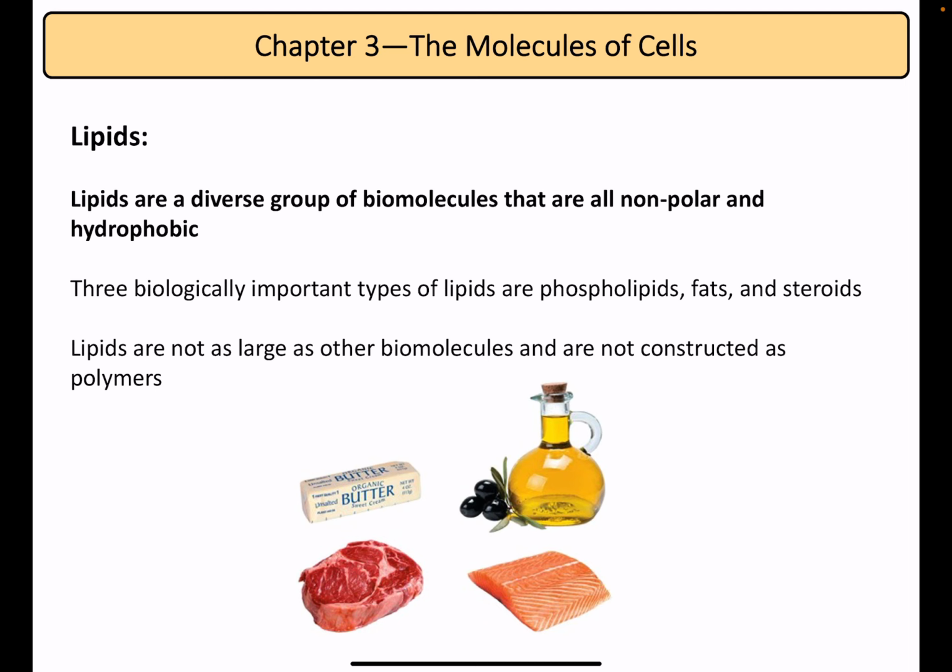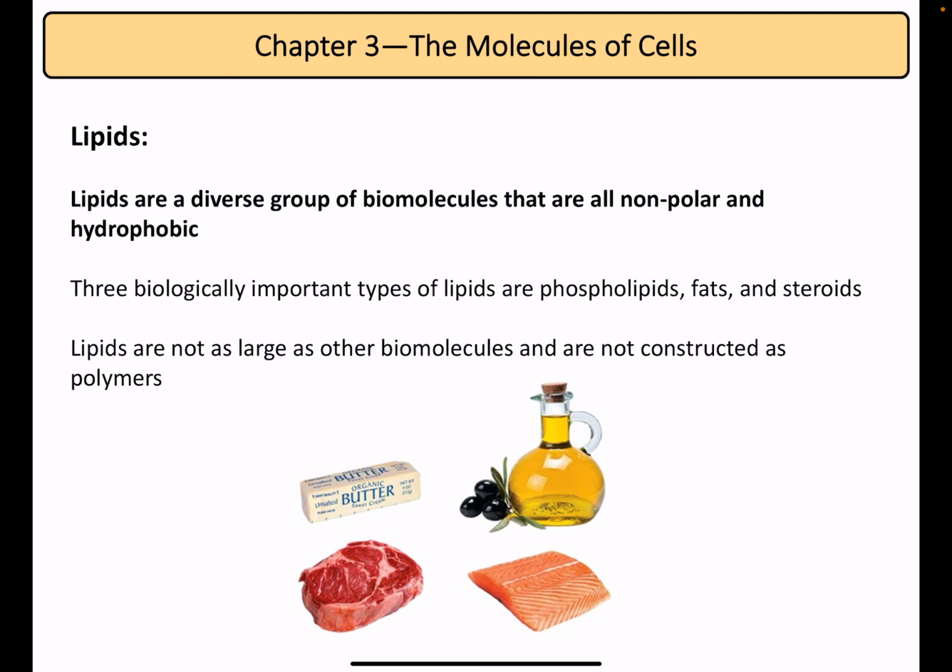And there are two major types of lipids here that we're going to discuss, those being fats. We'll talk about two different types of fats: saturated fats, unsaturated fats, and also phospholipids. One thing that does tie together all of the molecules that fall into this class, they all fear water.